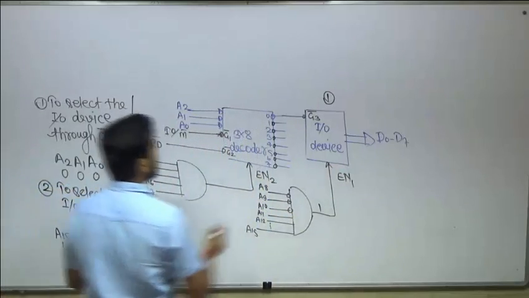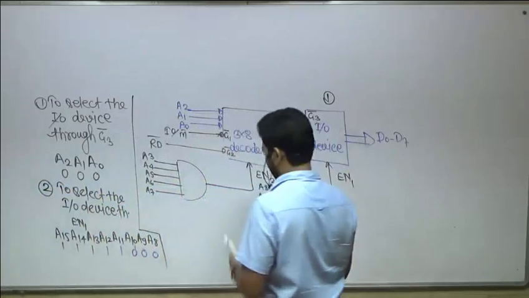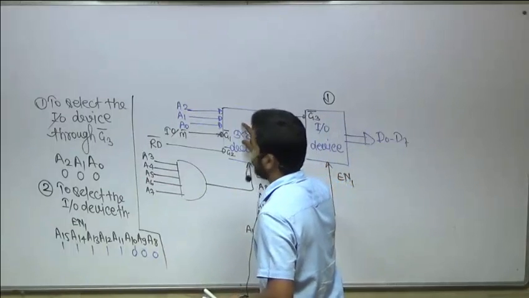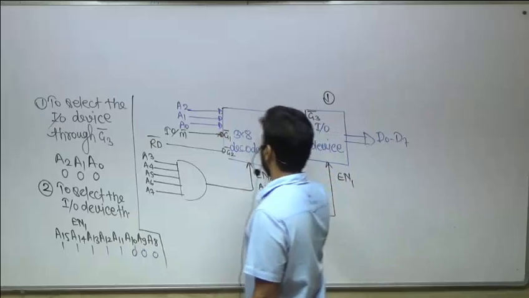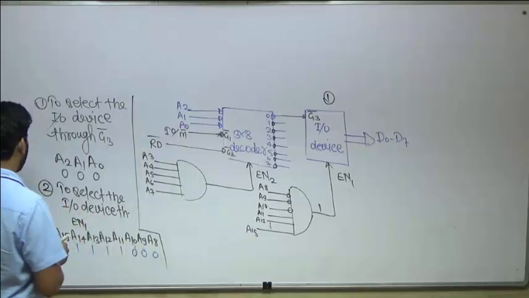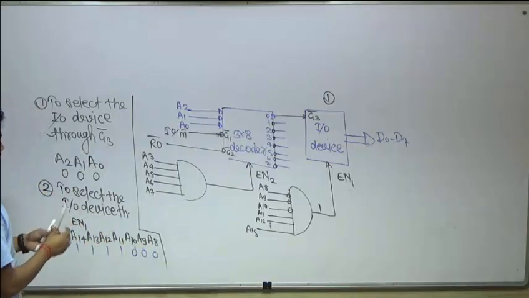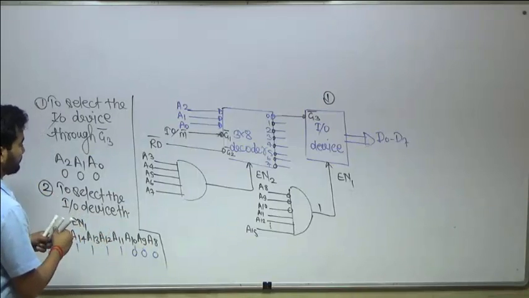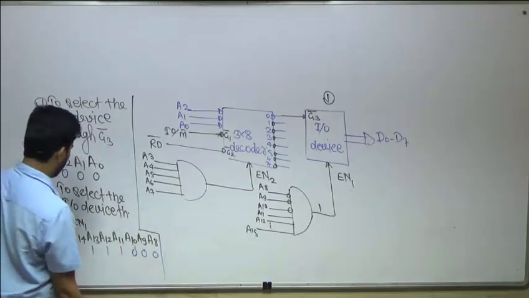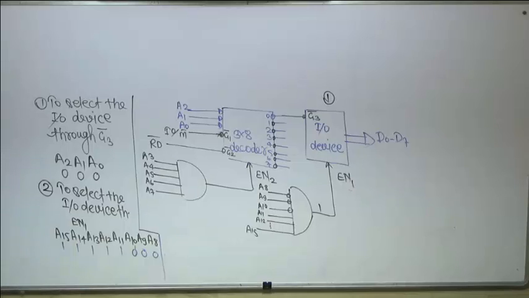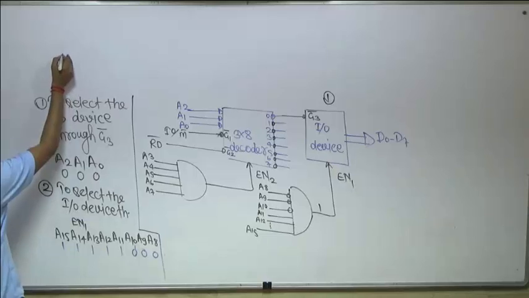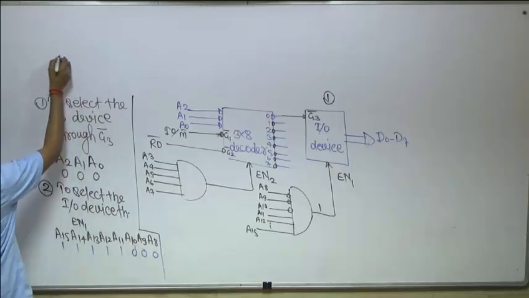Now we have enabled the input output device, but the decoder should also be enabled. I think you must have noted this down, so I'm writing it again.